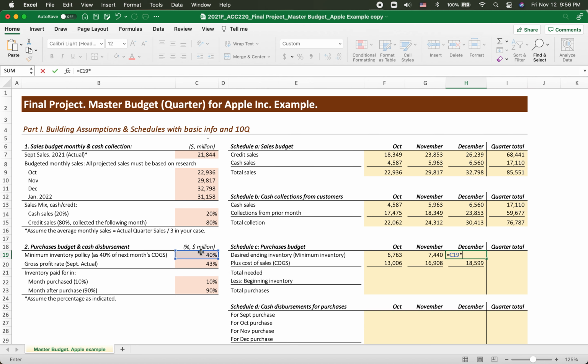And then times the cost of goods sold of January. Because when you measure the desired ending inventory as a minimum inventory balance, we use the next month's cost of goods sold. That means that we need the sales of the next month, which is January, to calculate the January cost of goods sold.